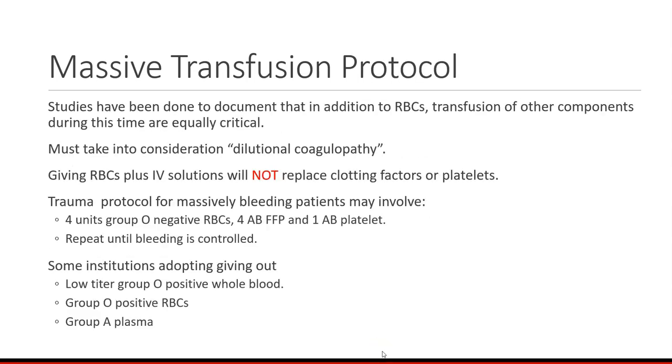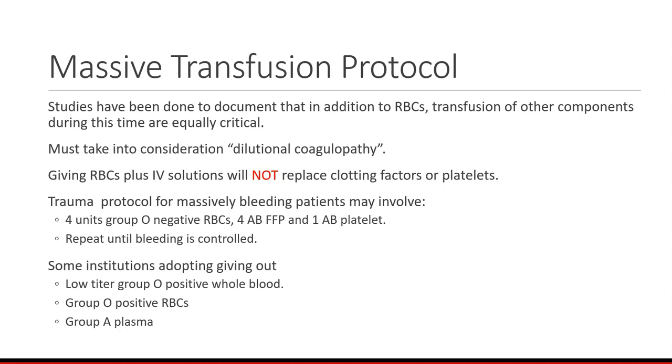All hospitals, especially the large hospitals, adopt a massive transfusion protocol. And studies have been done to document that in addition to red cells, transfusion of other components during this time are equally critical. They must take into consideration dilutional coagulopathy.